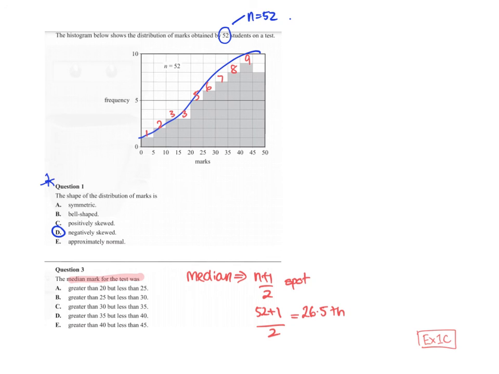So if I go along and do a cumulative, like adding up, so you go 1 to 2 is 3, add another 3 is 6, add another 3 is 9, another 5 is 14, 20, 27. What do we need? So it was somewhere in here. The 26 and a half must have been in there. So somewhere between 30 and 35. Is that an answer? Yep. C.